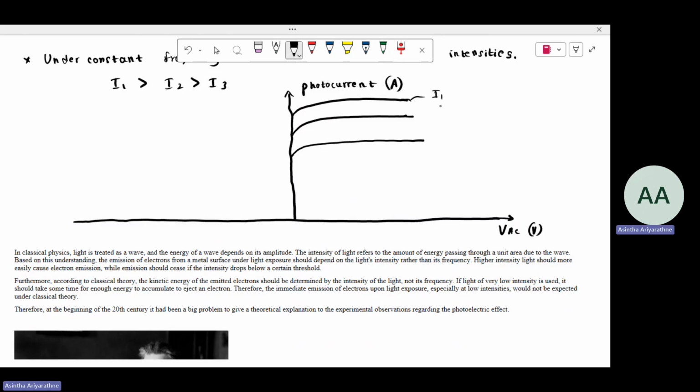I1 having the highest intensity means higher photocurrent. I3 is the lowest, but the frequency is kept constant.